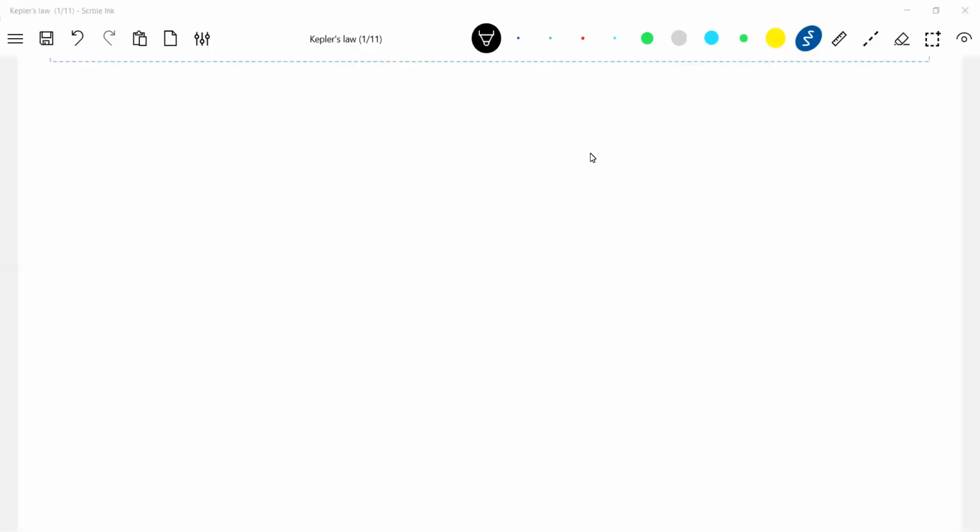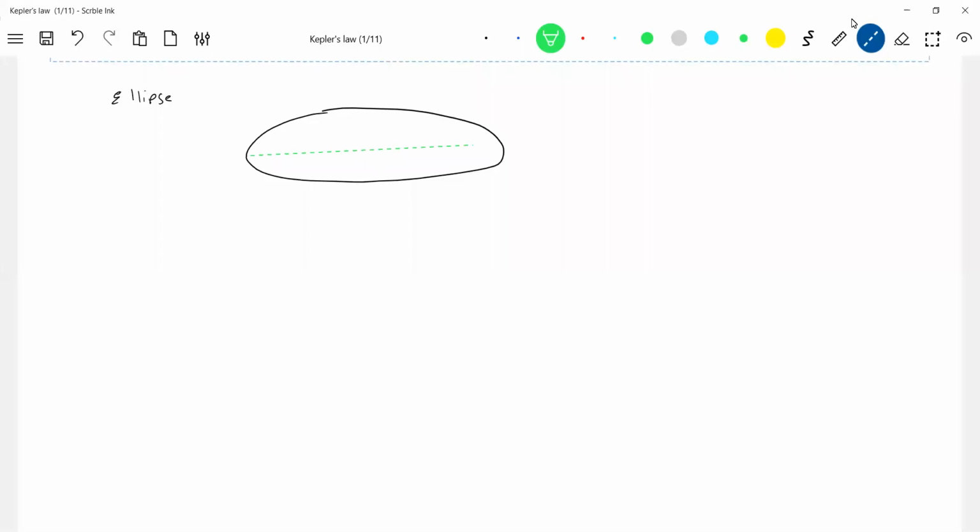Basically we'll have some small idea regarding the ellipse here. So what is an ellipse? I think it's a special case of a circle. This is called the semi-major axis, semi-minor axis.